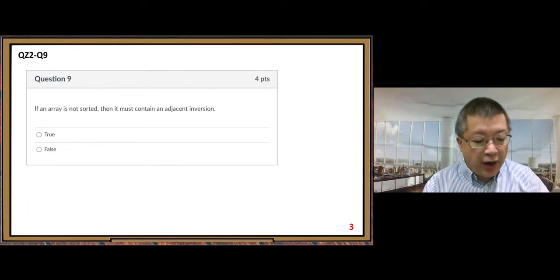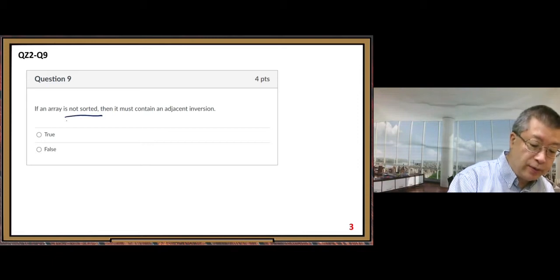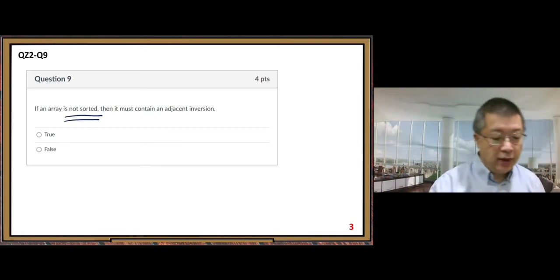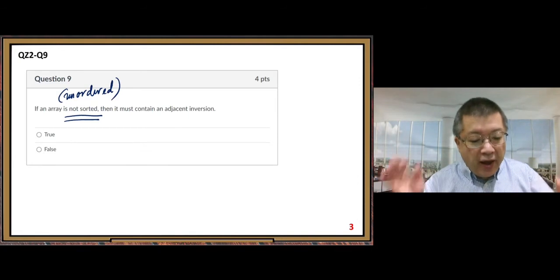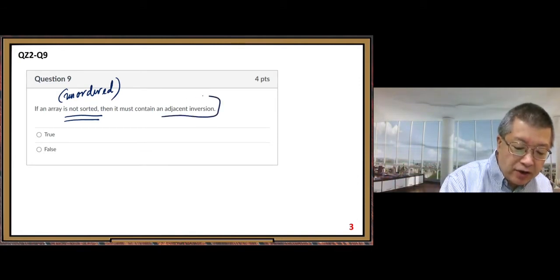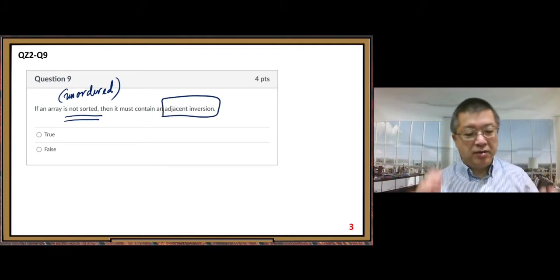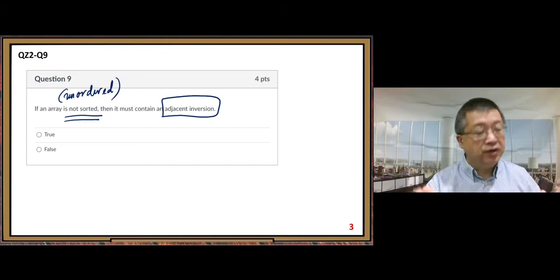If an array is not sorted, we can say unordered, then it must contain an adjacent inversion. That statement must contain an adjacent inversion.